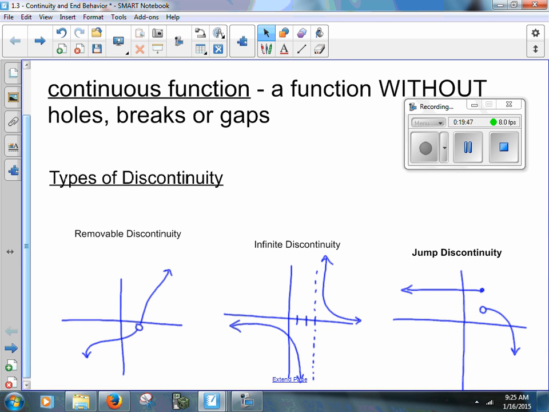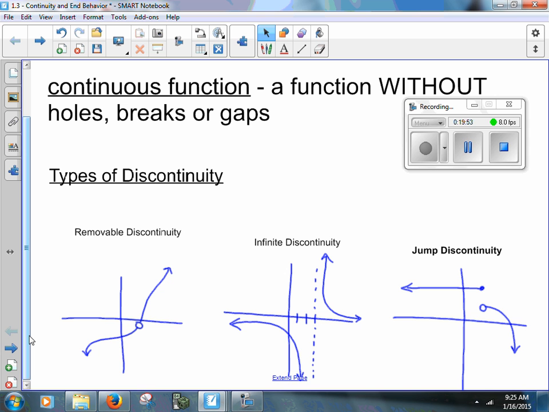I used to love context clues when I was little in elementary school. Did y'all learn about context clues? Do you learn about them now while you're reading Jungle? Haley's favorite book. Okay. Why do you think removable discontinuity might be in the right place? Because it's removed in that hole. Something has been removed from that function, right?